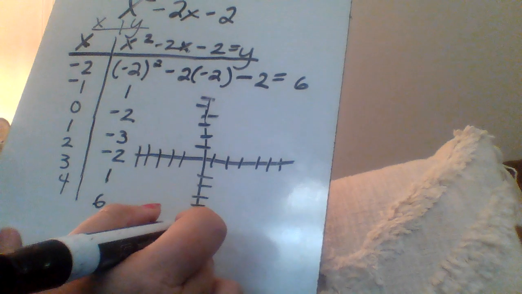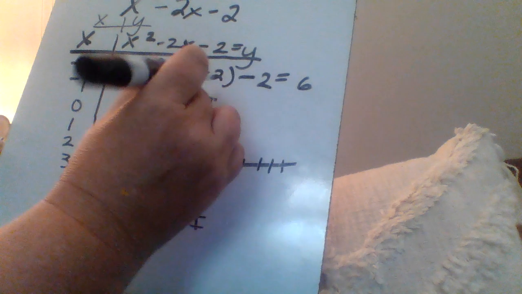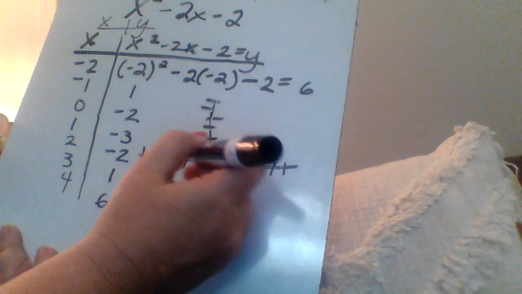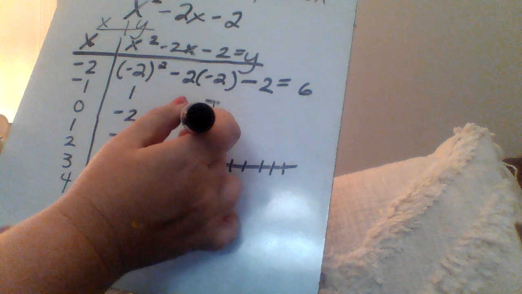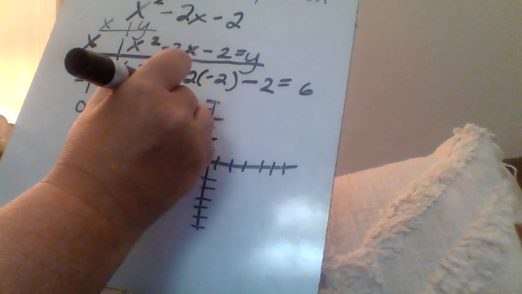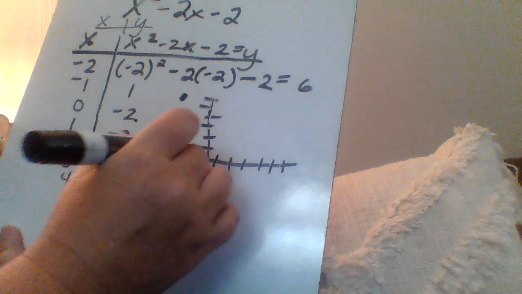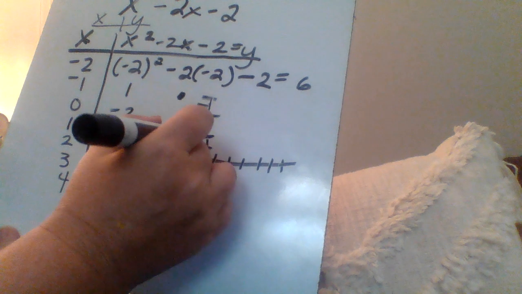Okay? So our first point is going to be -2 and 6. So we would go back 2 because it's in the negative direction, and up 6. 1, 2, 3, 4, 5, 6. It's going to be here. Our next point would be -1 and 1. So back 1, up 1.